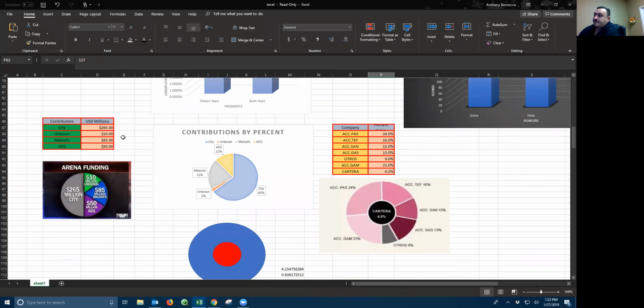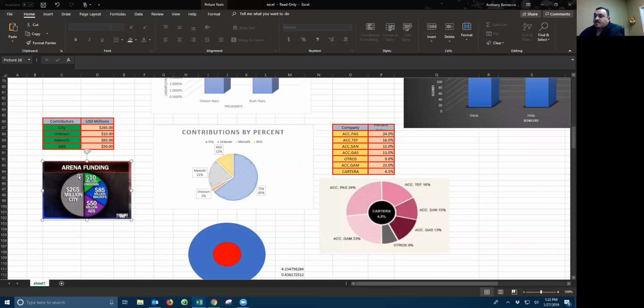Okay, we have the contributors for the arena funding. With the snippet here, the graphic shows 265 million from the city.